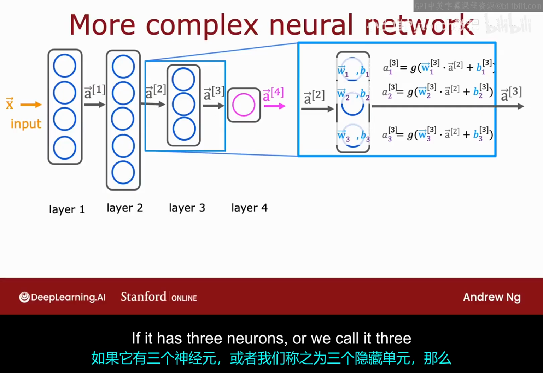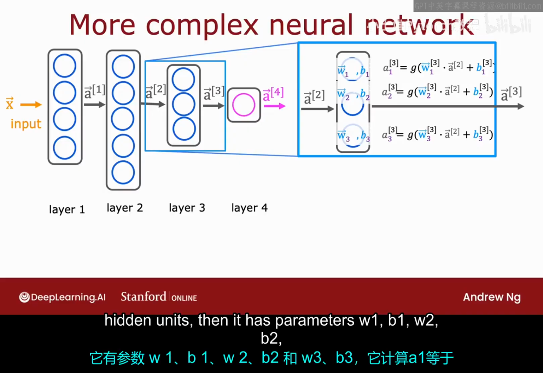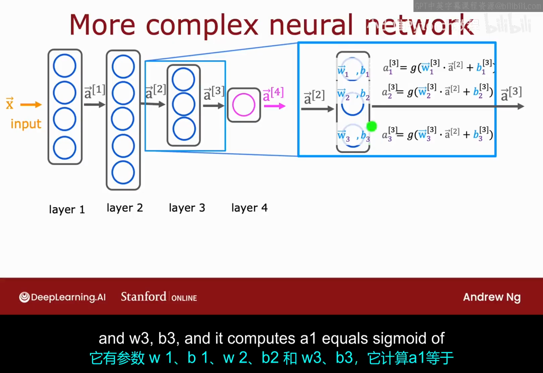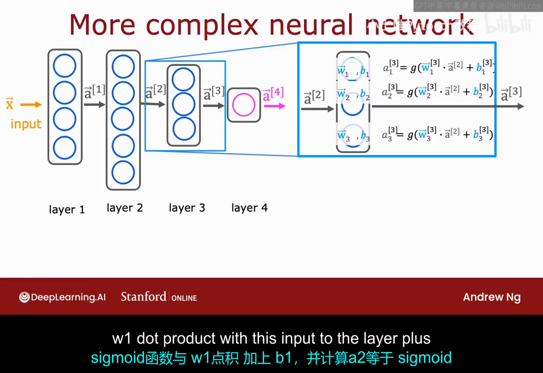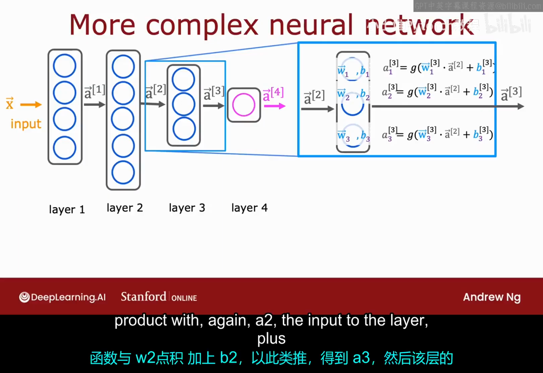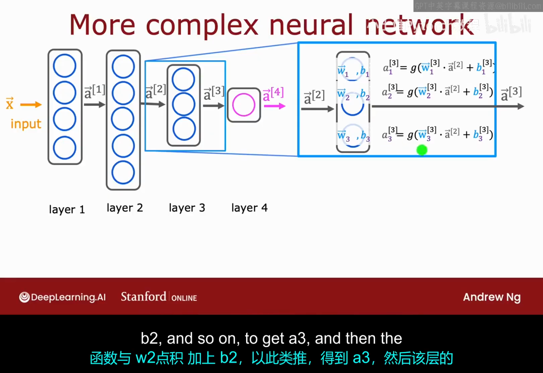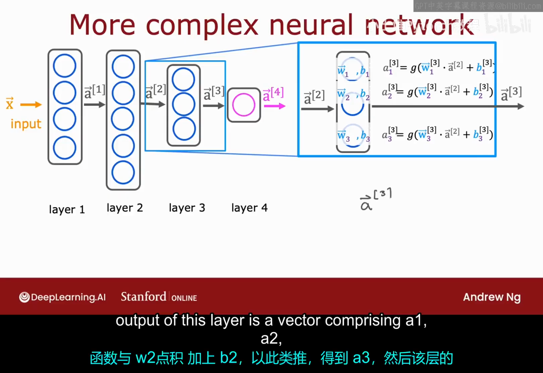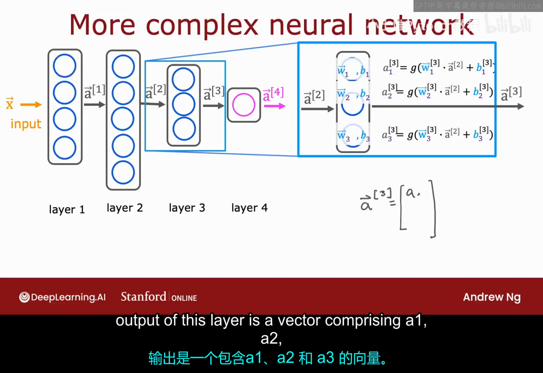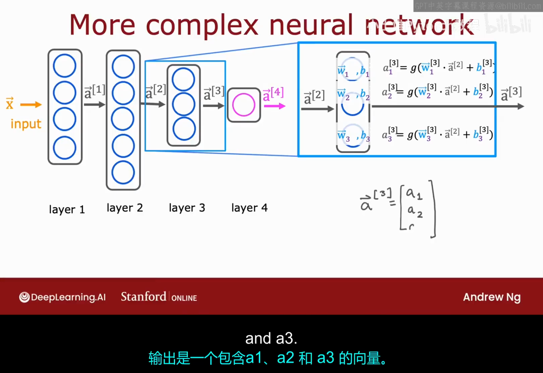If it has 3 neurons, or we call it 3 hidden units, then it has parameters w1, b1, w2, b2, and w3, b3, and it computes a1 equals sigmoid of w1 dot product with this input to the layer plus b1, and it computes a2 equals sigmoid of w2 dot product with, again, a[2], the input to the layer, plus b2, and so on to get a3. And then the output of this layer is a vector comprising a1, a2, and a3.